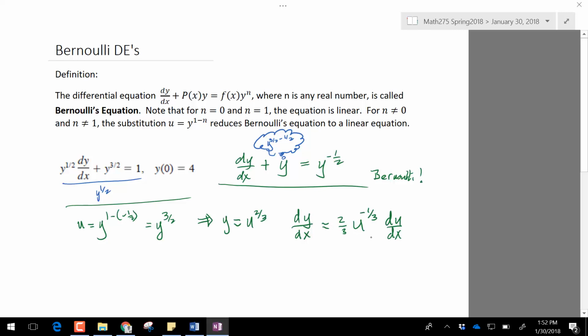So remember, when we're transforming everything out of y and into u, then everything, including the differentials, the derivatives, have to be in terms of u, the new variable. Okay? Yes?